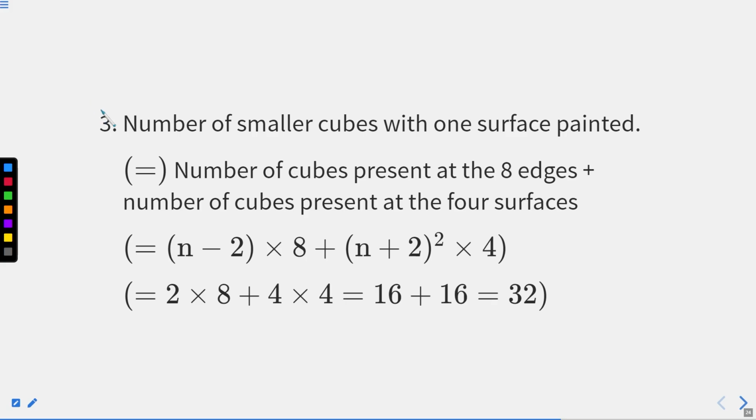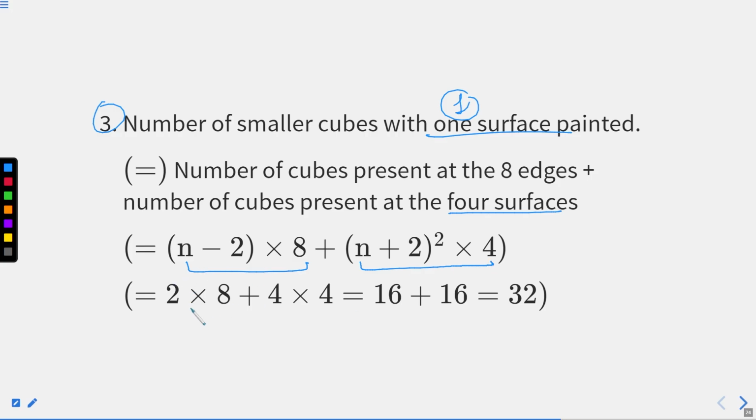Now the third part. In the third part, we are discussing the smaller cubes with one surface painted. Remember, one surface painted. So it is the number of cubes present at the 8 edges plus the number of cubes present at the 4 different surfaces. So for this n minus 2 multiplied by 8, for this n minus 2 whole square multiplied by 4.